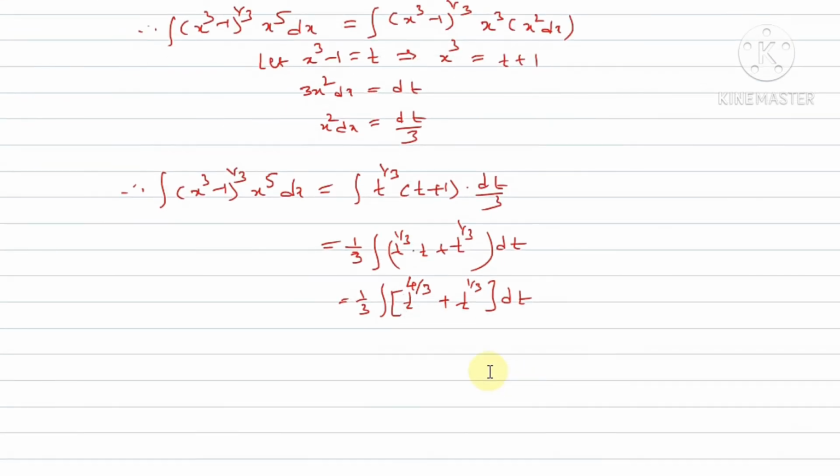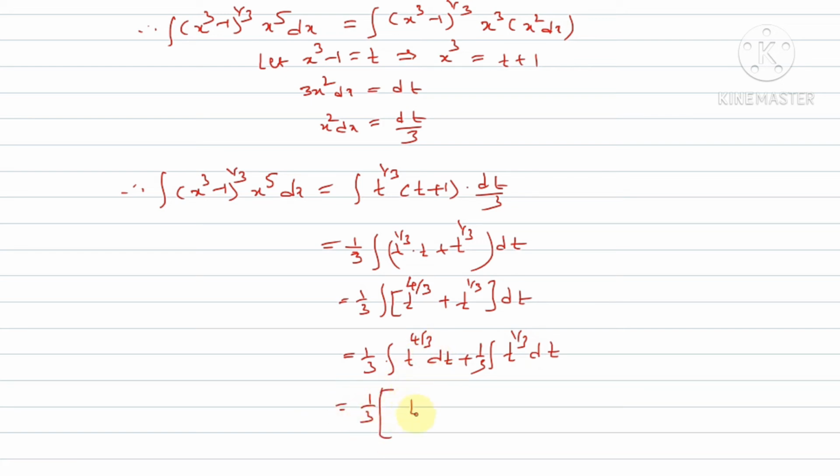Yeah, next. So now do integration. Separating, the integral of t power 4 by 3 dt plus the integral of t power 1 by 3 dt, writing as it is. So overall 1 by 3 I am taking out.